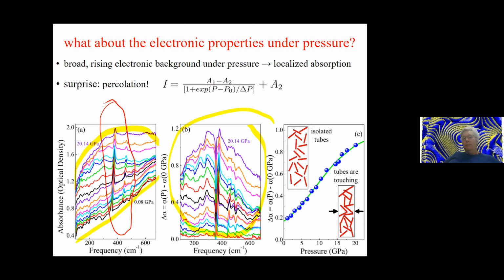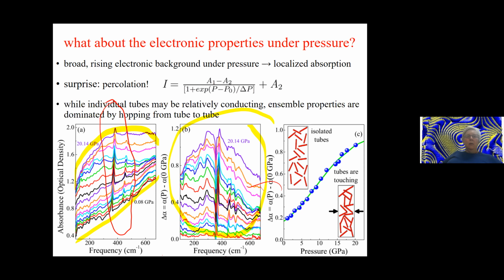So what we think is happening is that we can go from relatively isolated tubes at low pressure, where there's hopping, to touching tubes at elevated pressure, where there can be some conduction. But while the individual tubes may be relatively conducting, the ensemble properties are dominated by hopping from tube to tube. And that's the origin of this far infrared excitation.